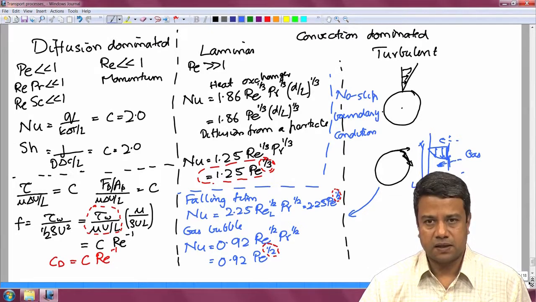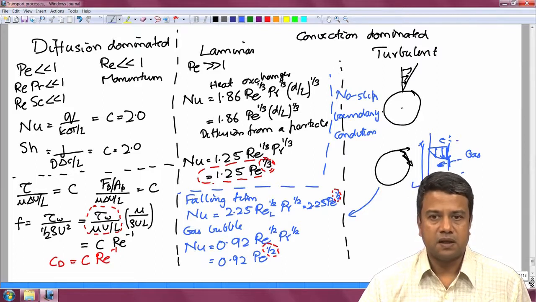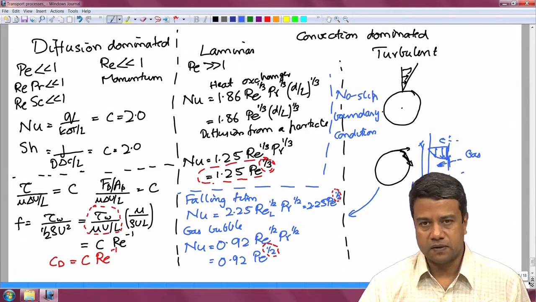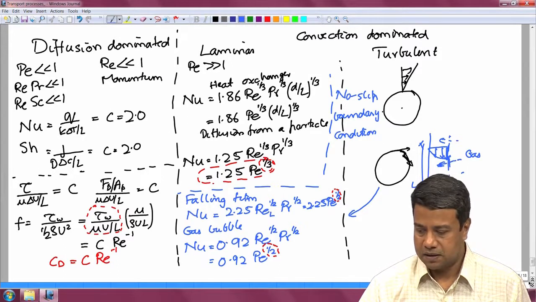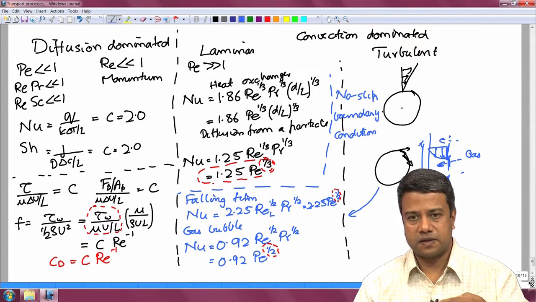The second broad category was convection dominated in a laminar flow. In this case, the Peclet number is large, and therefore the flow is convection dominated, and as I said, there is convection that is sweeping material past the surface and there is diffusion from the surface.